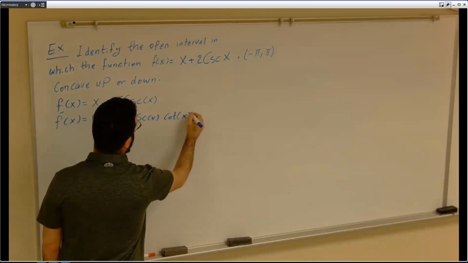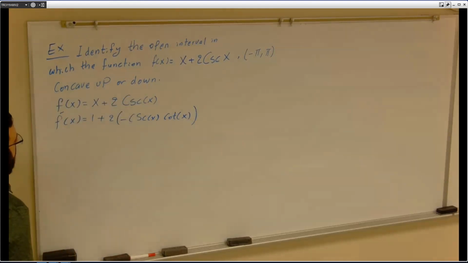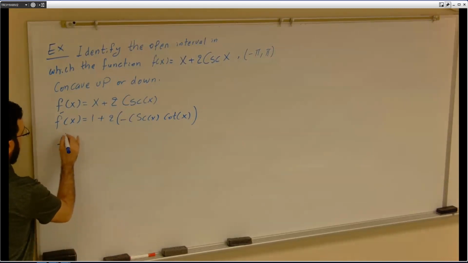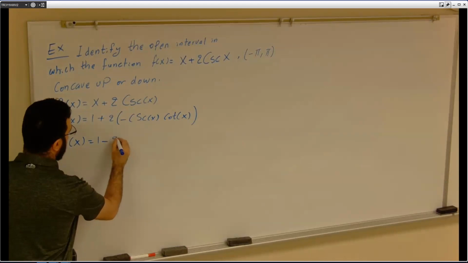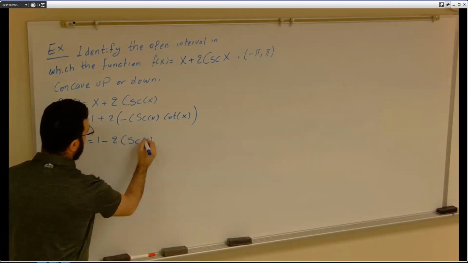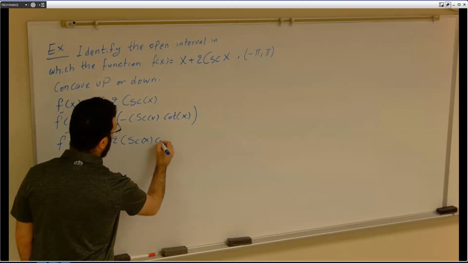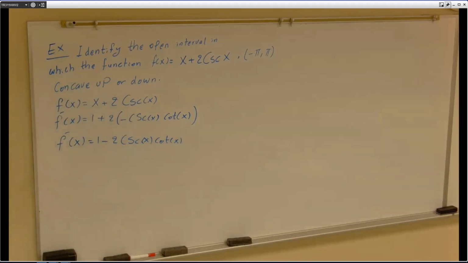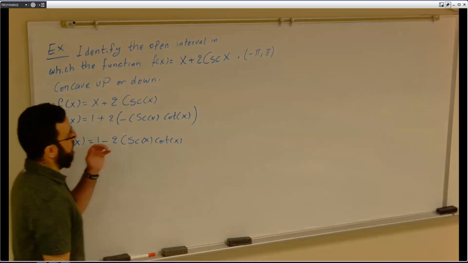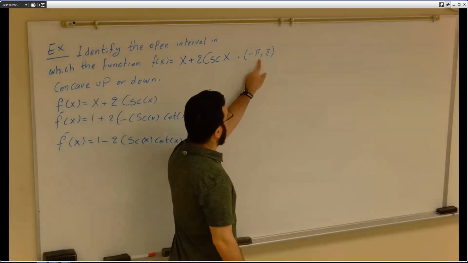So f prime of x is 1 minus 2 cosecant x cotangent x. To find the second derivative, be careful, we're going to work with radians here between -pi and pi.